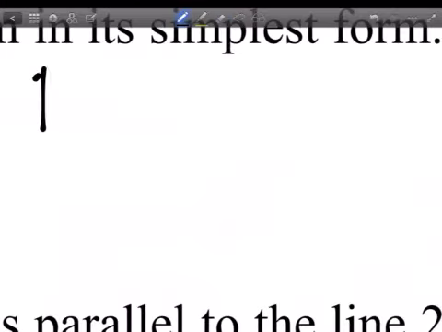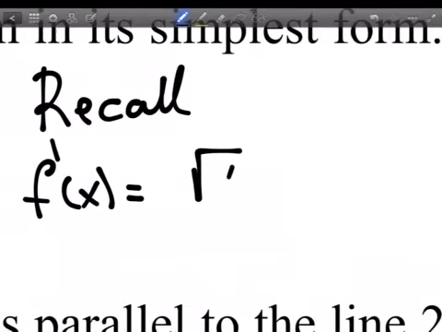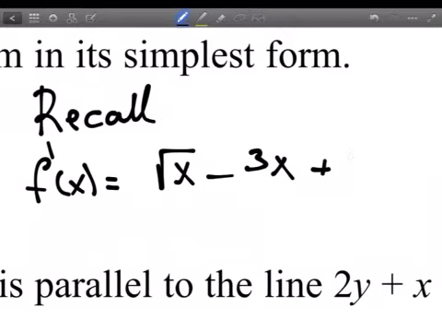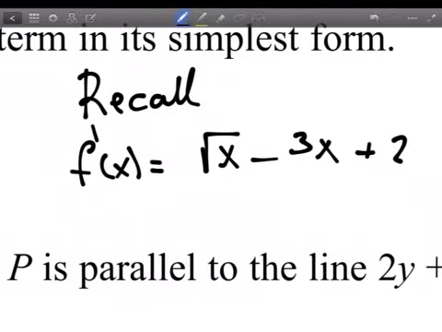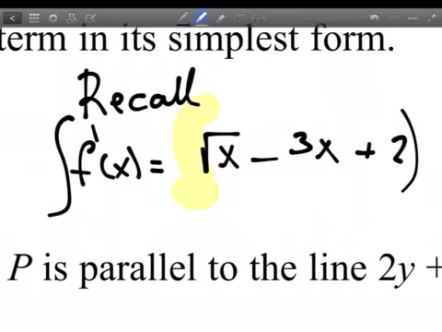I can recall it for you. For example, if we have any f of x or f prime with two different kinds of functions, like 3x plus 2, and we want to take the integral of these two parts, we can write this instead of taking the integral of each side like this.